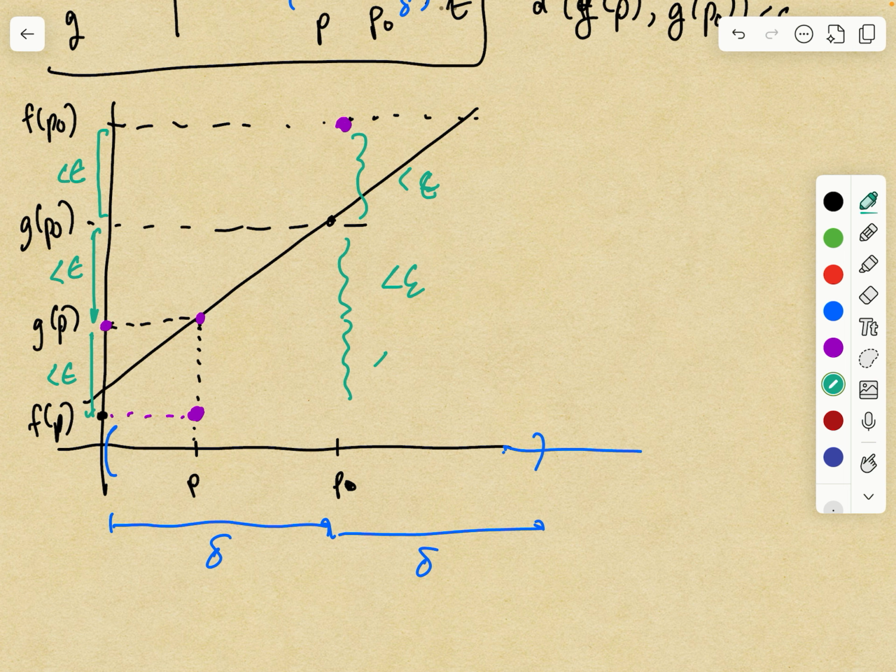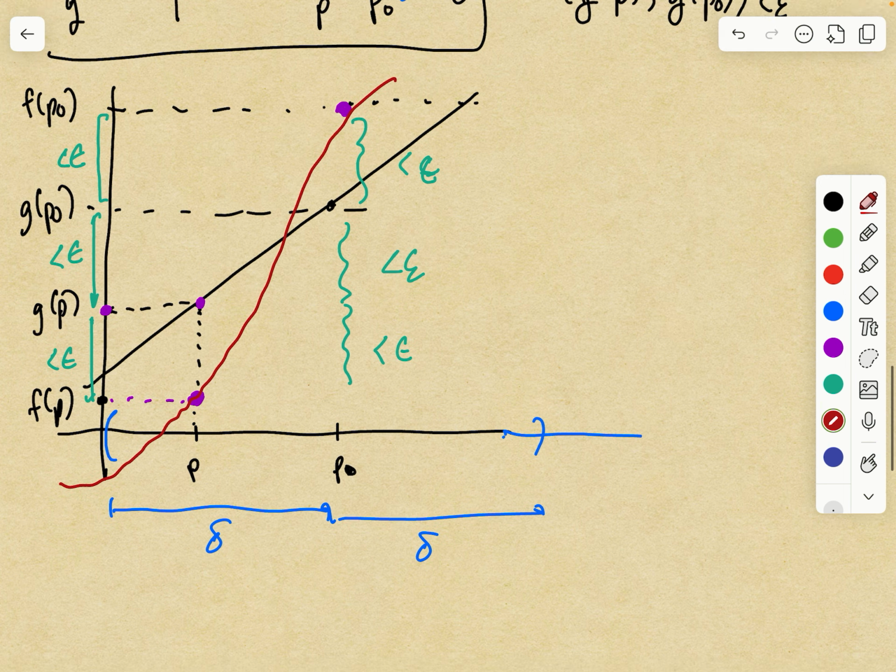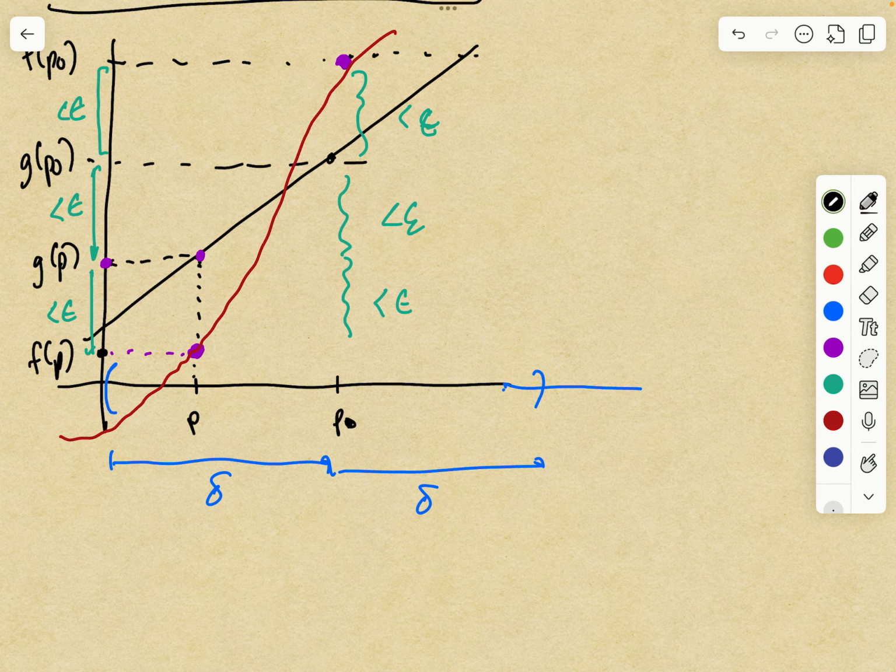This distance is less than epsilon. So your f might be something like that or something. And so in this picture, we see that the distance between f of p naught and f of p must be less than 3 epsilon.